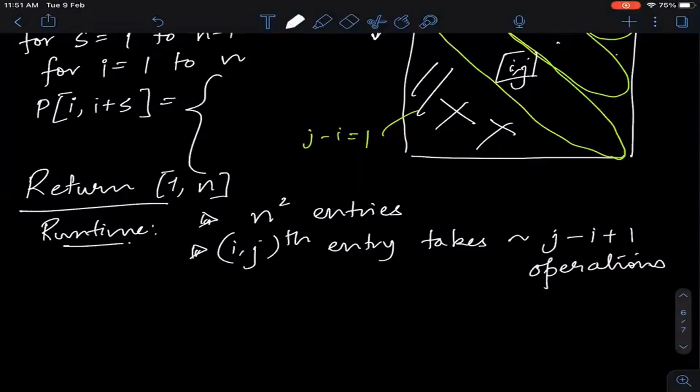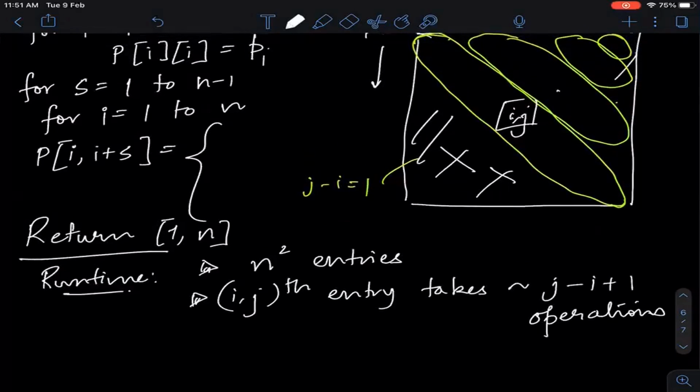And now, you can ask, why should I just upper bound this by n? Sometimes j minus i is very small. For example, when you are close to the main diagonal, then j minus i plus 1 is actually a constant. So it's true that for some of the diagonals, this is going to be constant times the number of elements on the diagonal.